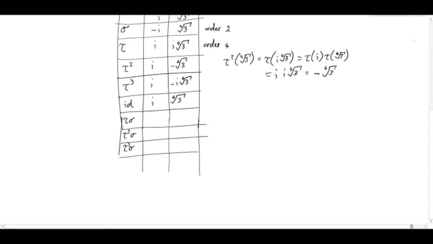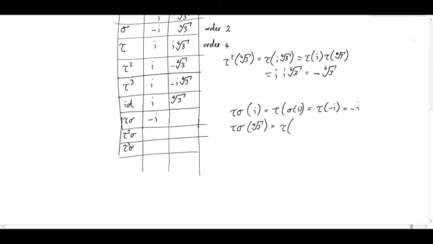So what does tau sigma do to i? Well, tau after sigma, and sigma maps i to minus i, and tau maps i to i, so tau sigma maps i to minus i. What does it do to the fourth root of 3?